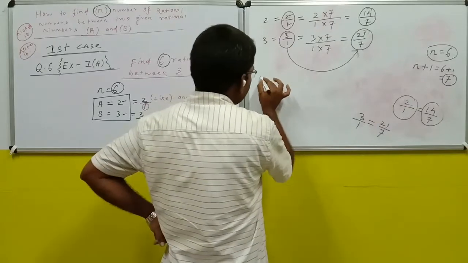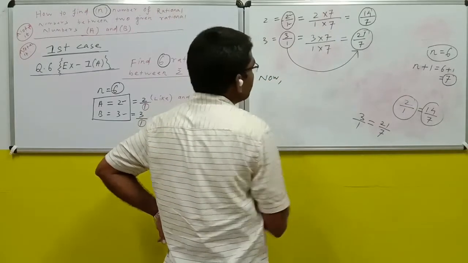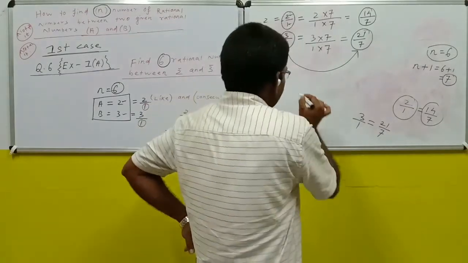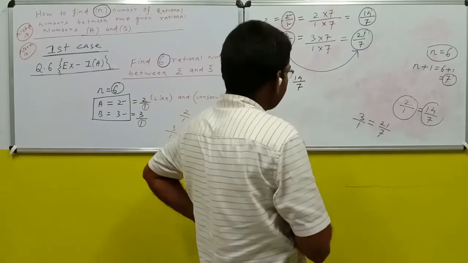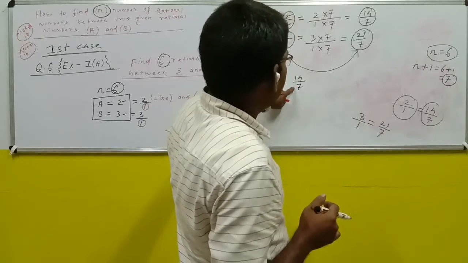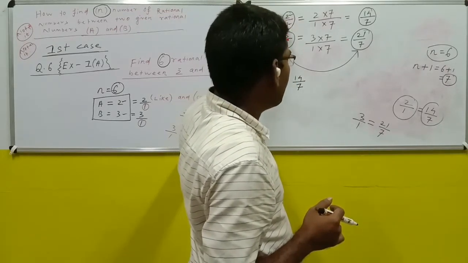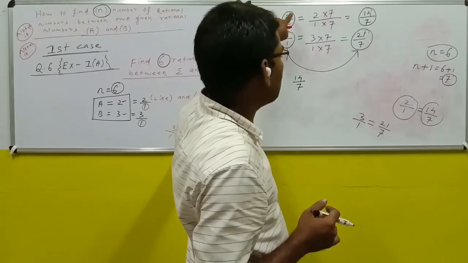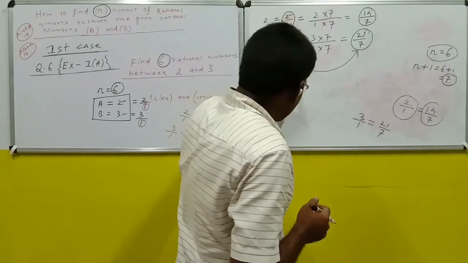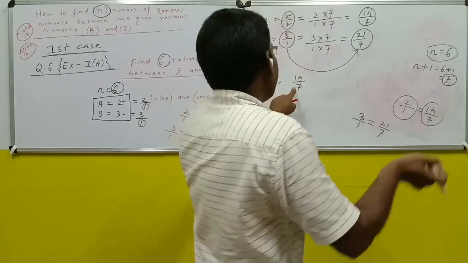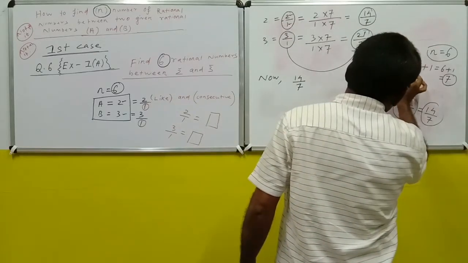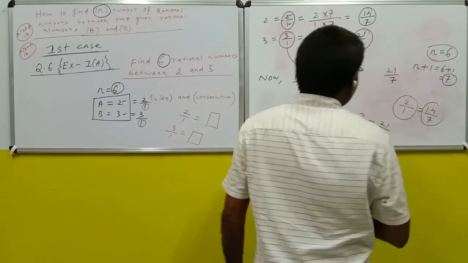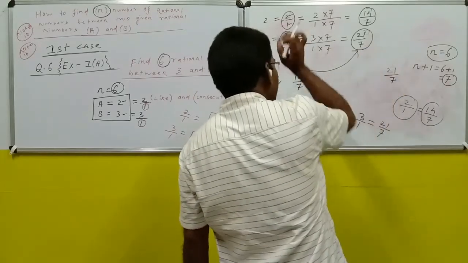So 14 by 7, it is the equivalent rational number of 2 by 1. Therefore, in place of 2 by 1, I wrote 14 by 7. And in place of 3 by 1, I wrote 21 by 7. Because it is the equivalent rational number of 3 by 1.